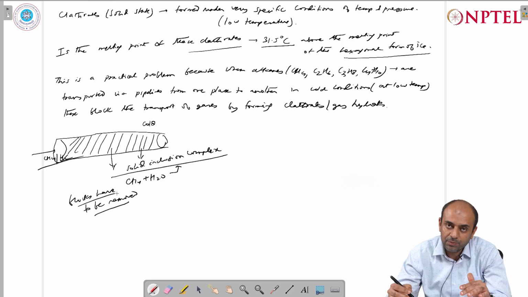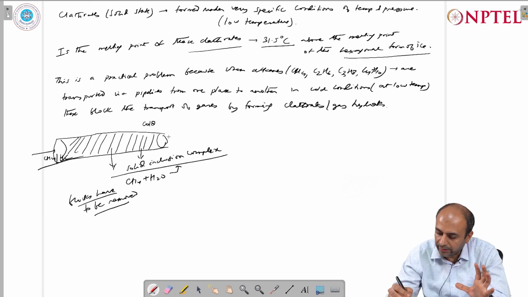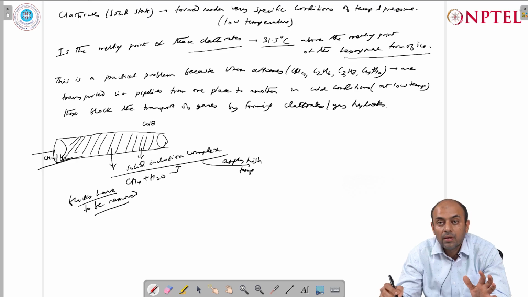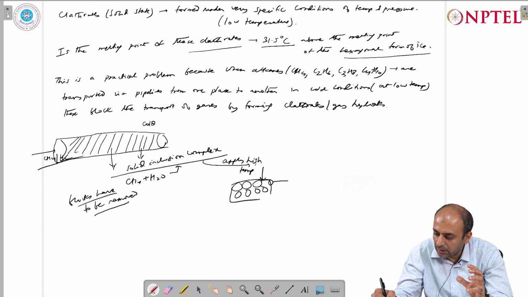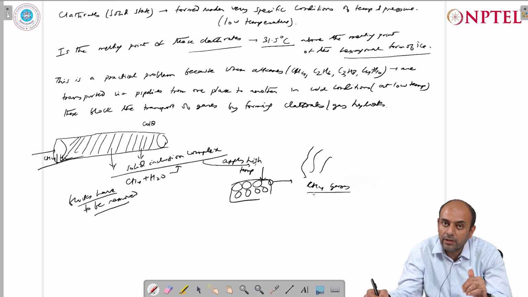And it has also been observed that when you take these gas hydrates and apply high temperature, these gas hydrates burn. When you apply high temperature, you will see methane gas coming out and water being converted into vapor.